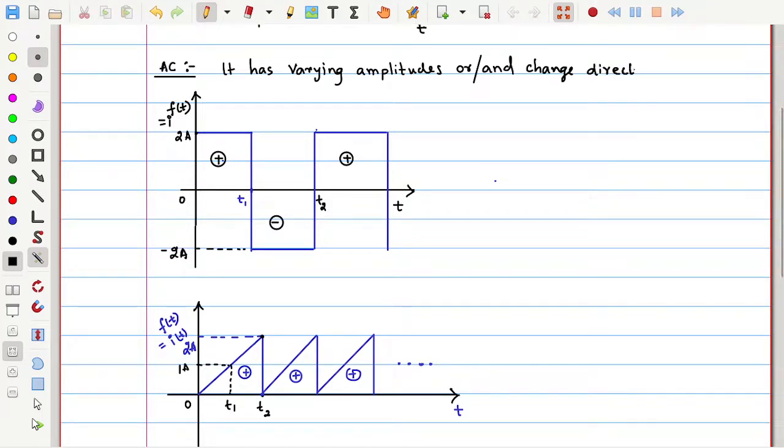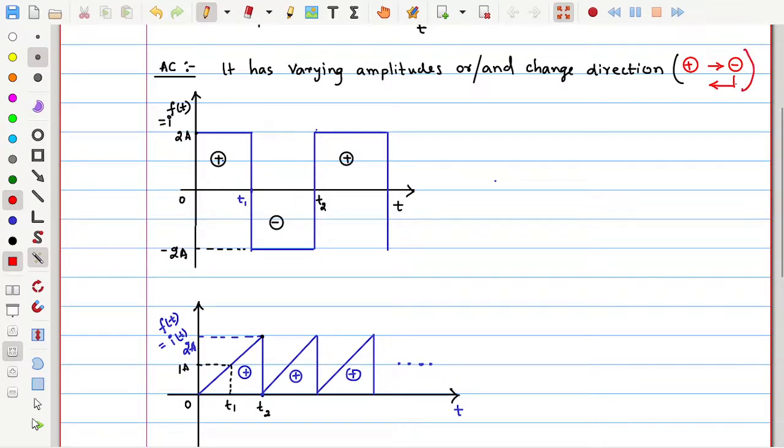Direction means from positive to negative or negative to positive. So let me write in brackets: positive to negative and negative to positive.